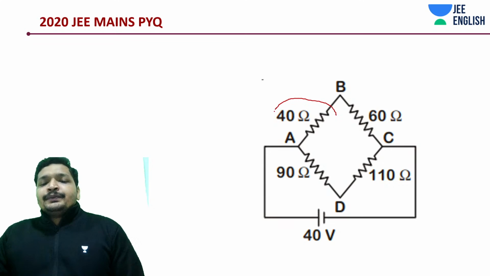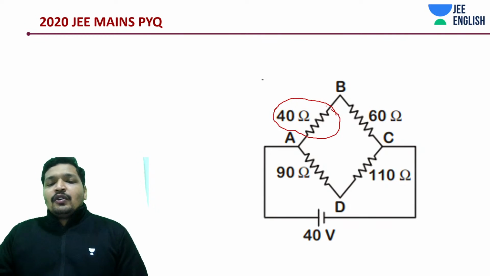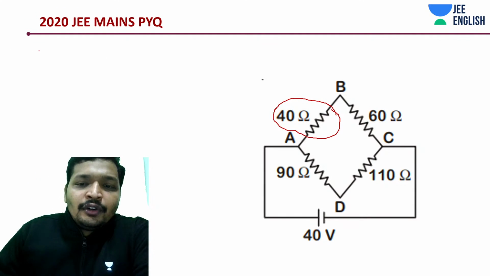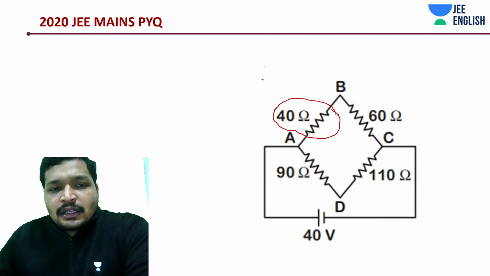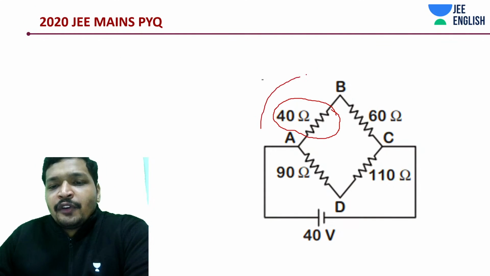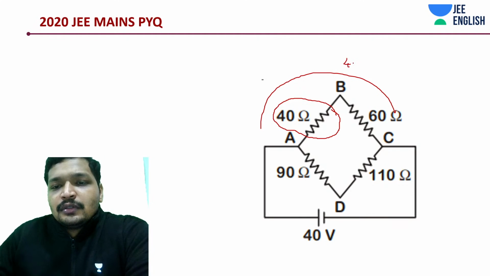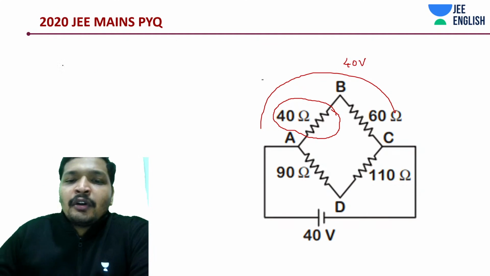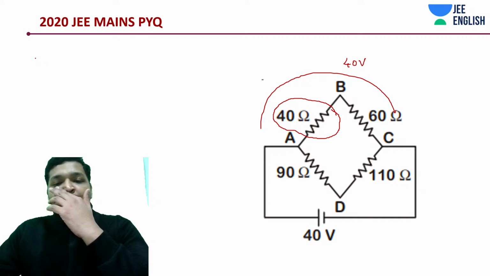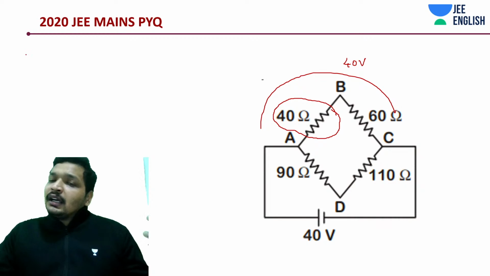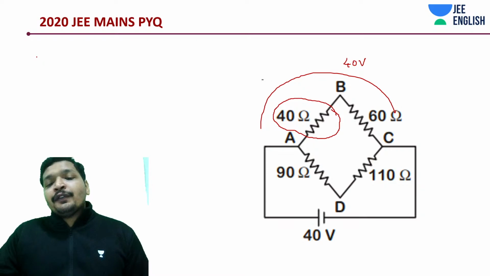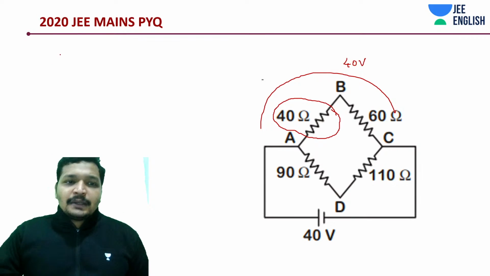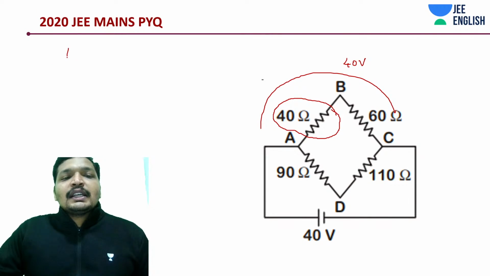So there you go. It's basically 40 ohms. First of all, we need to find out how to get the 40 volts. It's saying that the total potential drop is 40 volts. That means the potential drop across 40 ohms is the ratio of 40 over 40 plus 60.